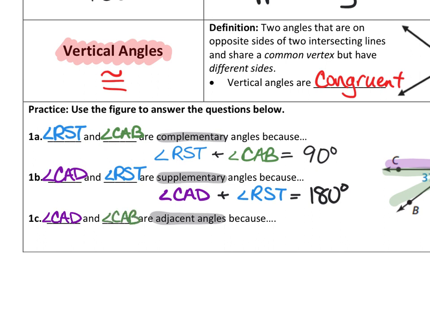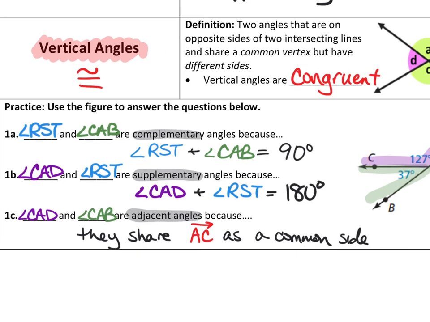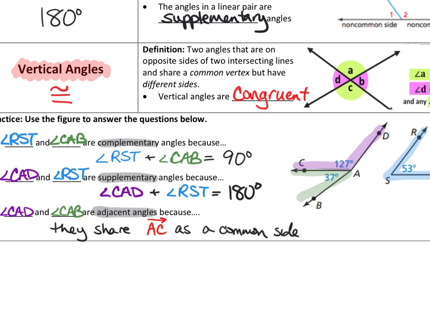And to tell me why they are adjacent, we're going to say they are adjacent because they share the ray AC as a common side. Here's what I mean by that. We saw they were glued together, but this ray from A to C is where they're glued together, yeah? So we say that they share this ray AC as a common side. That's why they're glued together. That's why they're adjacent angles.